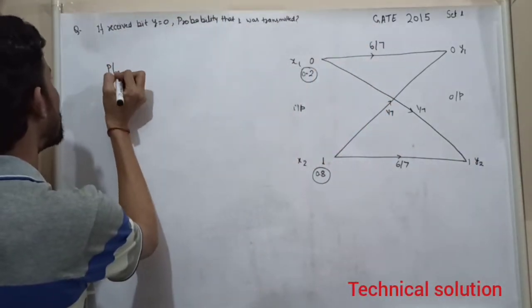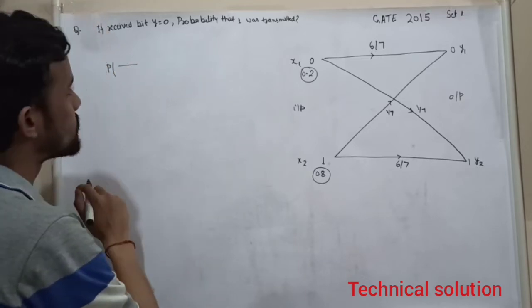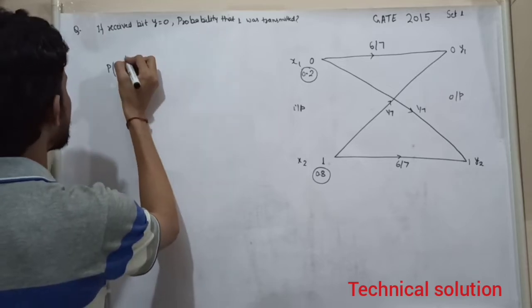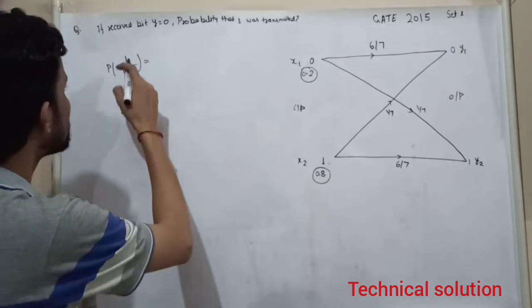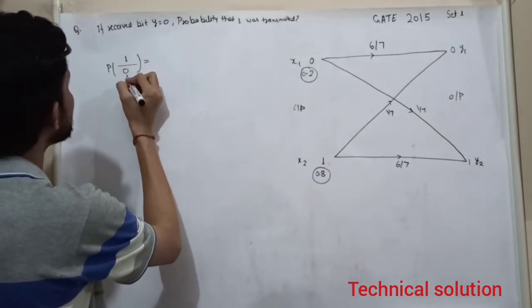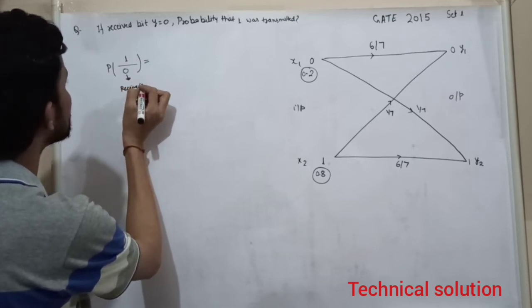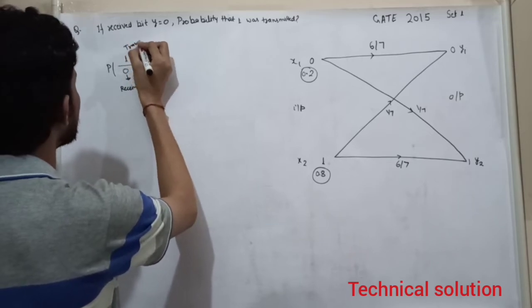We are asked to find out if the received bit is 0, then the probability that 1 was transmitted. This is the already received bit and this is the transmitted bit.